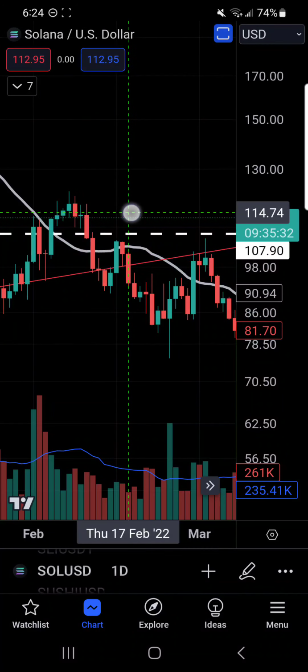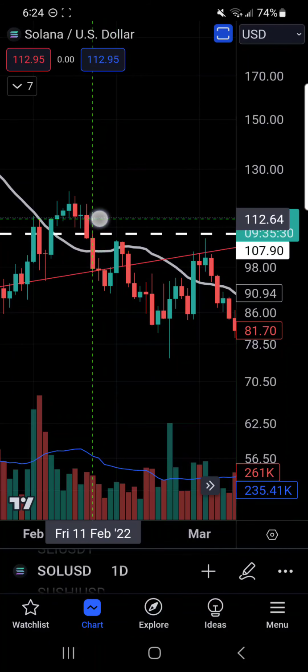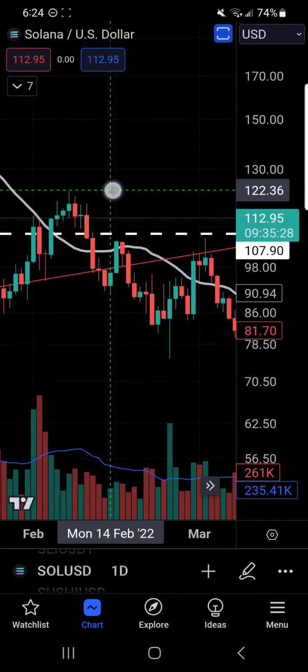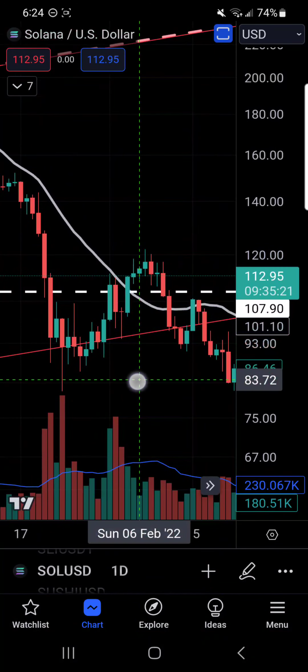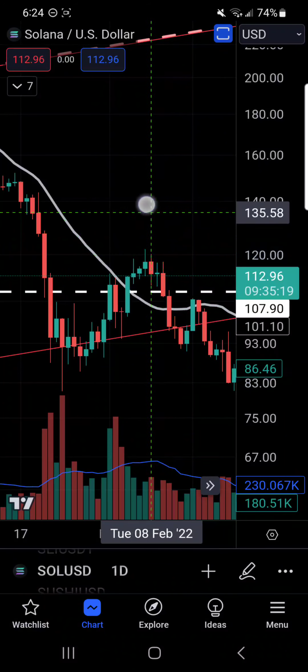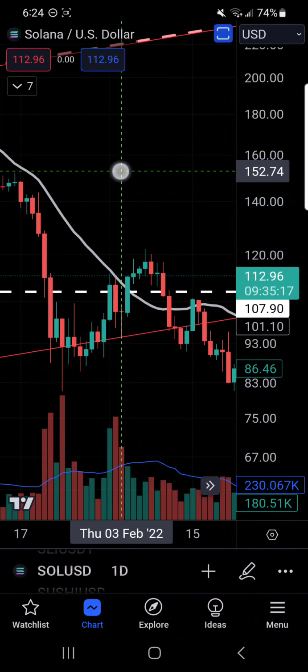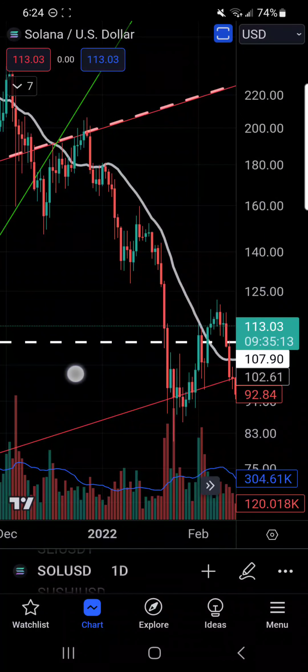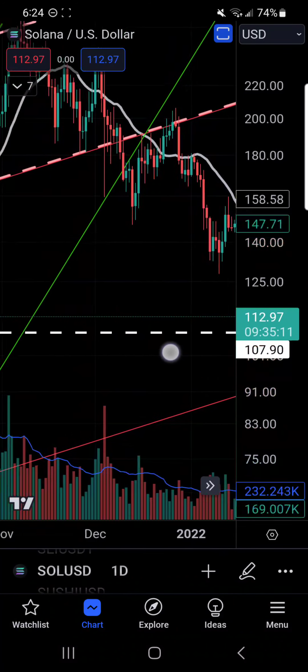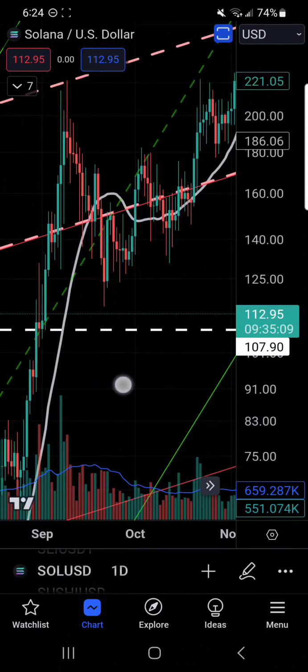So currently, gosh, I wonder what's going to happen if we break 122 on Solana. If we break 122 on Solana, we could potentially go all the way up to 152. Let's see what else we have back here.